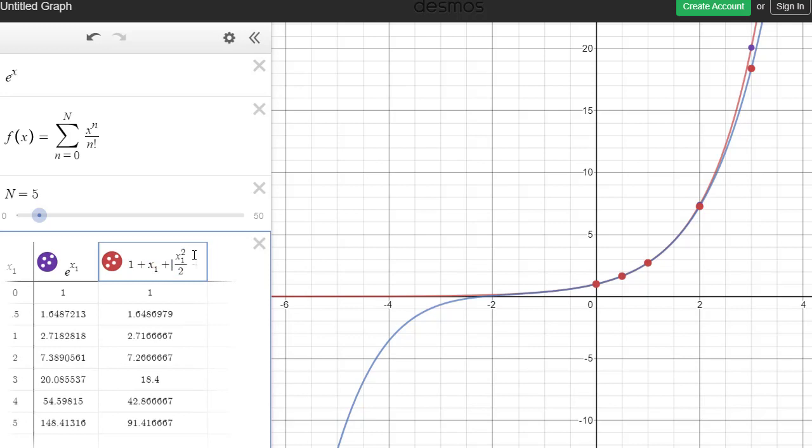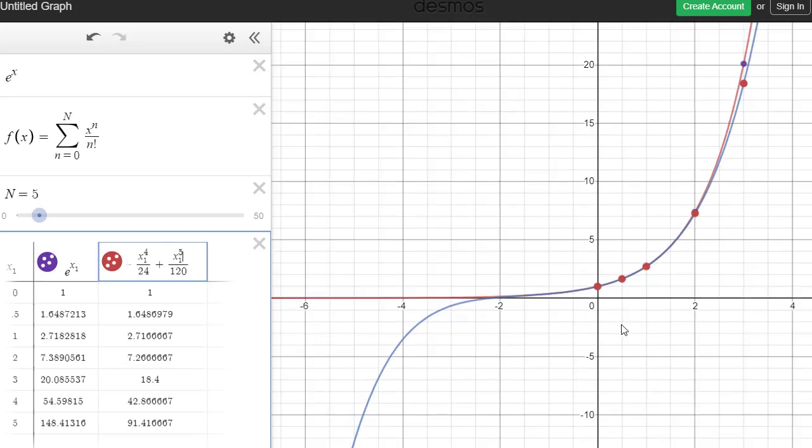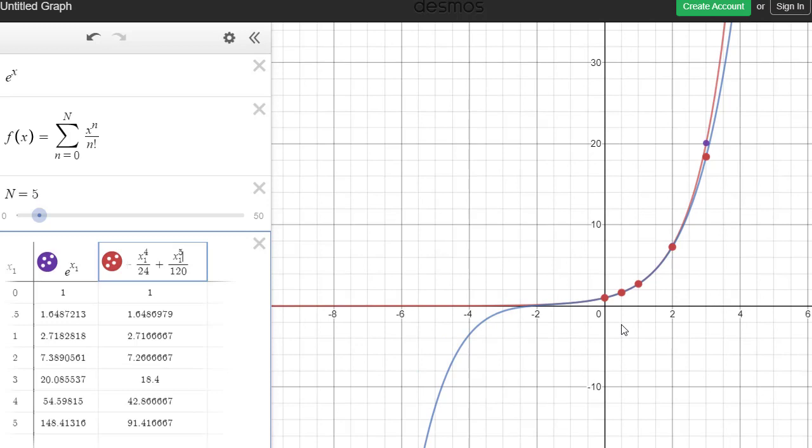Okay, so you can't see all the terms there, but I'll scroll through them real quick so that you can be sure that it really is the polynomial of fifth degree. So you can see there's my fifth degree term right there, and you can see that fifth degree polynomial does a pretty good job of approximating e to the x, at least as long as we're centered around 0 pretty closely.